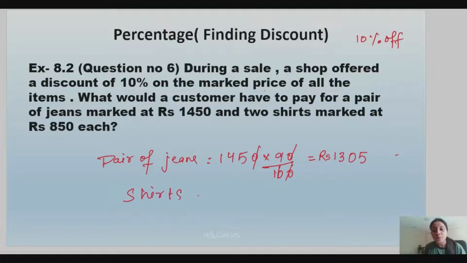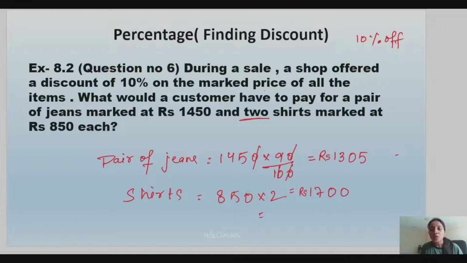So the price will be 850 for each shirt. Okay. And the person is buying two shirts, so at first we need to multiply by two. That is rupees 1700. On this 1700, the person will get a 10% discount, because there is a discount of 10% on each and every product.